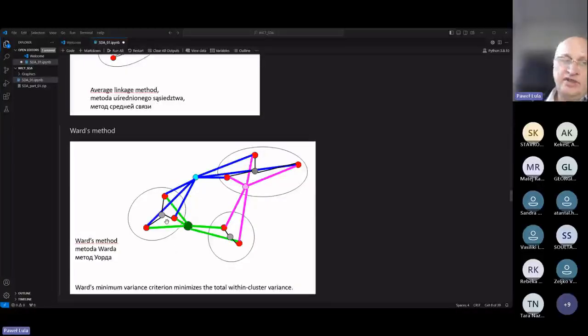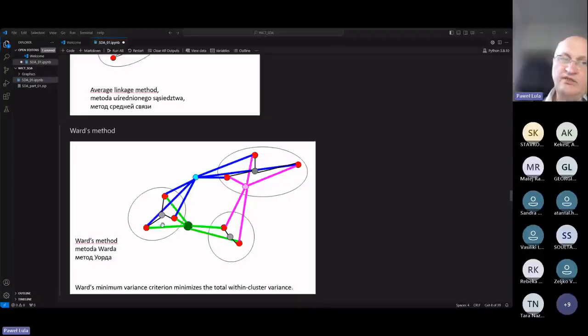And in every cluster, we should calculate distances between every object, it means red point, and its centroid, this point which is in the middle of this cluster. So here we have these distances here and here.